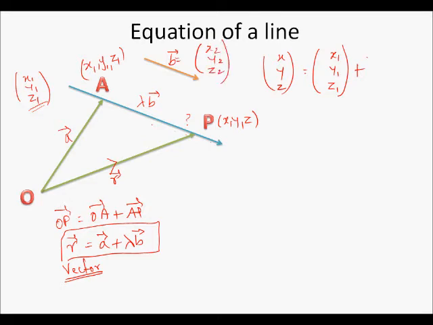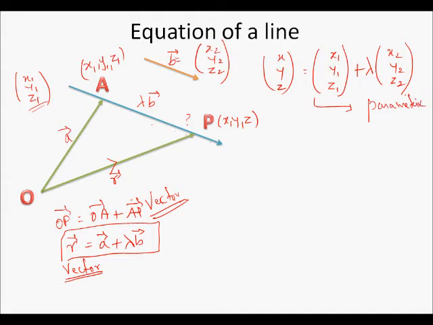So this would be lambda times x2, y2, z2. This is how we write an equation of a line, and this is the vector form. And this is the parametric form because we are going to write this in a parametric way.